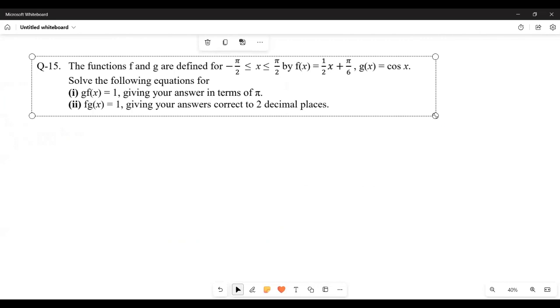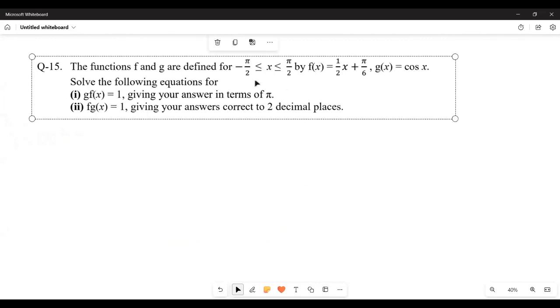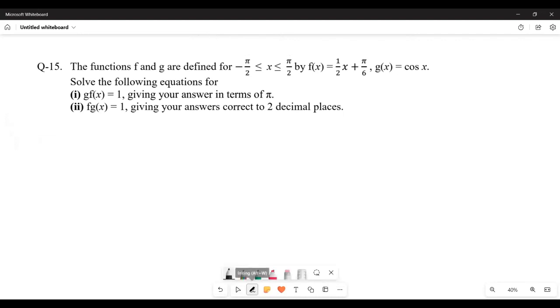The functions f and g are defined by this and this. f(x) is half x plus pi by 6, g(x) is cos x, and the domain for both of them is between minus pi by 2 and pi by 2. Solve the following equations. This is a merger of two chapters, trigonometry plus functions.